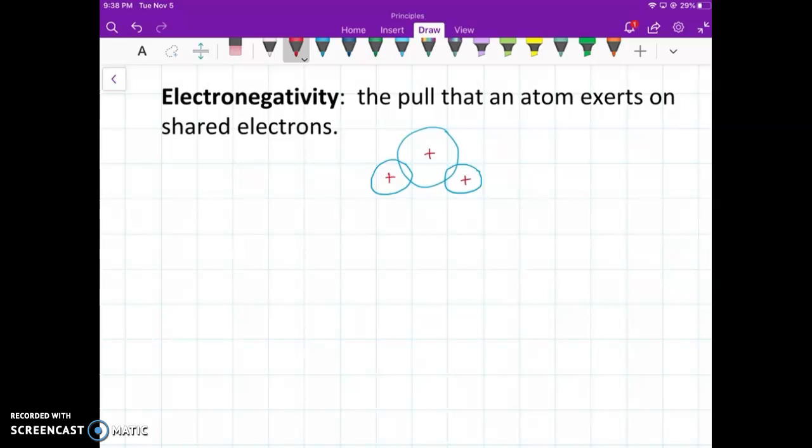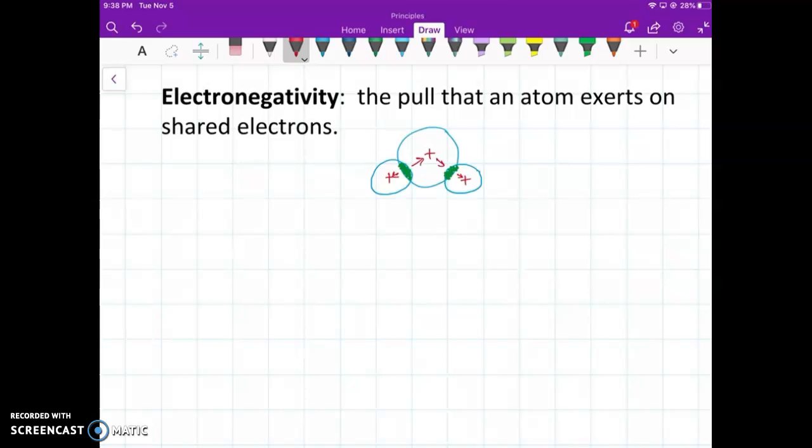And they're sharing electrons, and we'll talk about why later on. But they're sharing electrons in this overlap space, right here in green. So those negative electrons are attracted to these positive nuclei. But the question is, which nucleus are they more attracted to? Well, the answer to that question is, it depends on the electronegativity.